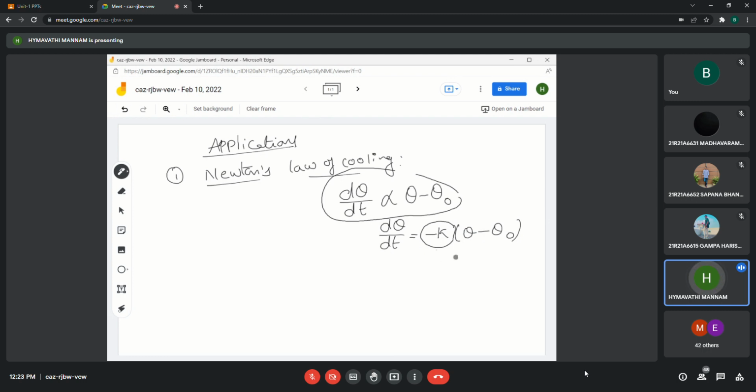After solving this, theta is equal to theta naught plus c into e power minus kt.